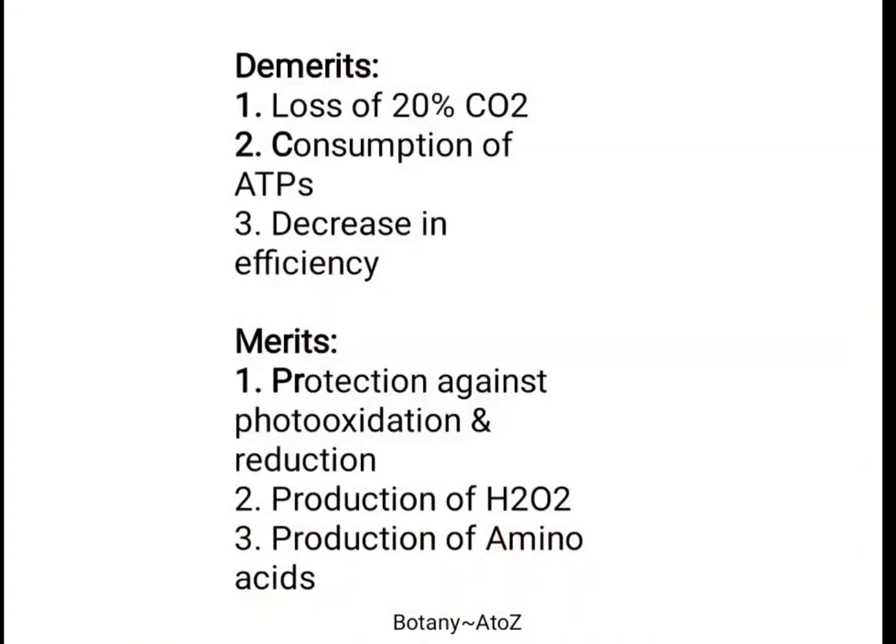We can recall again, the demerits include loss of 20% carbon dioxide, consumption of additional ATPs, and decrease in the efficiency of the C3 plants, because the C2 cycle, photorespiration, occurs only in C3 plants. And the merits include protection against photooxidation and reduction, production of hydrogen peroxide, which is used in stress responses, and production of many useful metabolites, many useful biomolecules like amino acids.